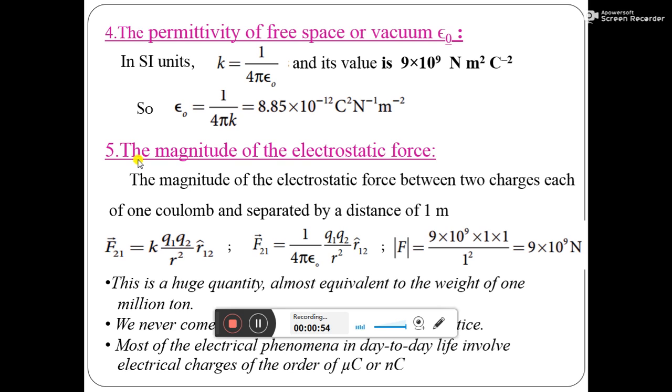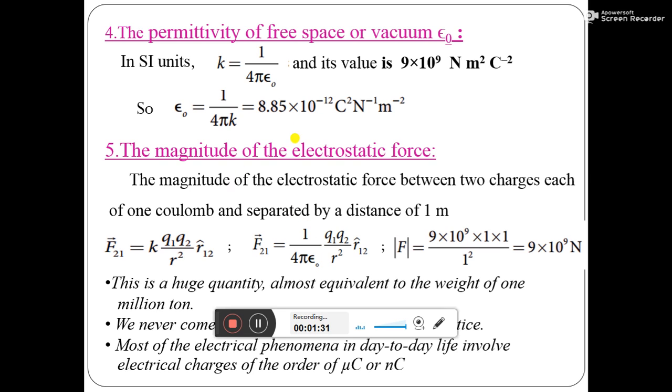Next we are going to calculate the magnitude of the electrostatic force between two point charges, each of 1 coulomb and separated by a distance of 1 meter. According to Coulomb's law, the force F is equal to K into Q1 Q2 divided by R squared multiplied by the unit vector R12 cap. Here we are going to substitute K, that is equal to 1 divided by 4 pi epsilon naught.